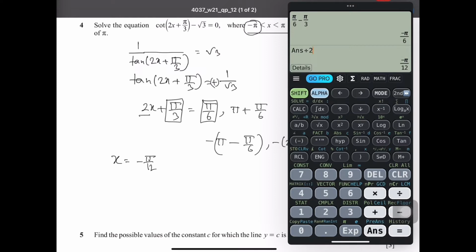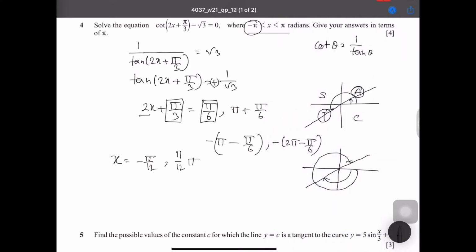Similarly, if we do pi plus pi by 6 minus pi by 3, divided by 2, we will have 7 pi by 12. If you use the calculator for the rest of the maths, you have minus 7 pi by 12, then 5 pi by 12.